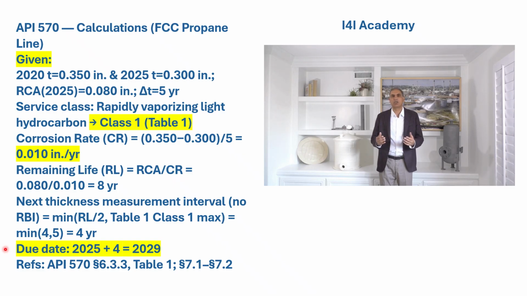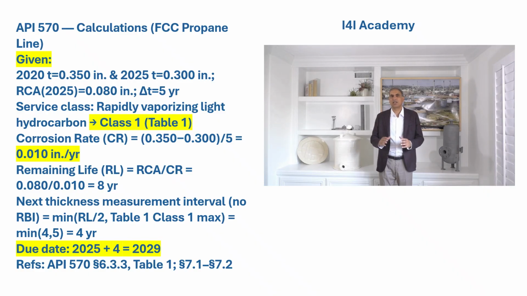I'll recap the chain in one breath so it sticks. We recognized a rapidly vaporizing propane-rich stream in an FCC gas plant line, so we treated it as Class 1. We computed corrosion rate as 0.350 minus 0.300 over 5 years, giving 0.010 inches per year.